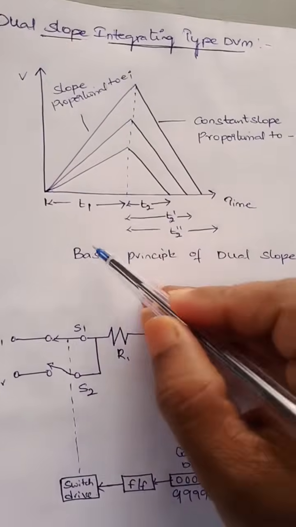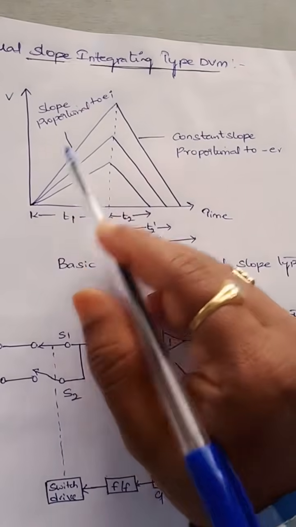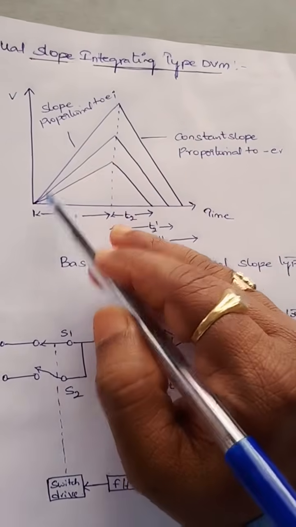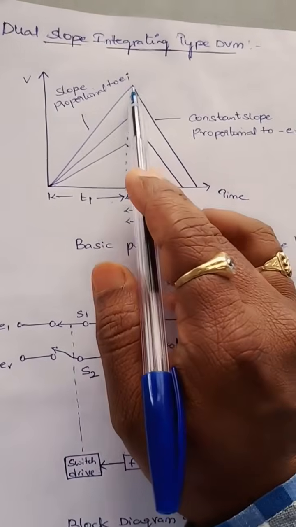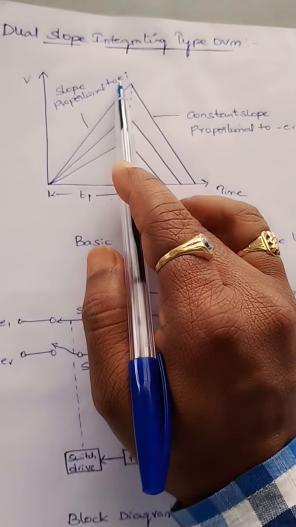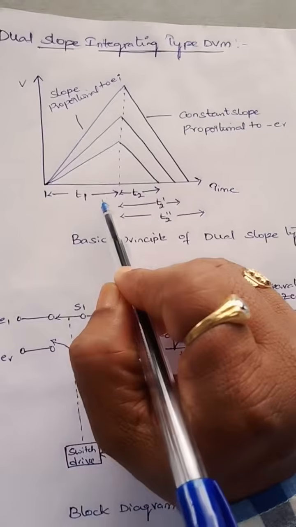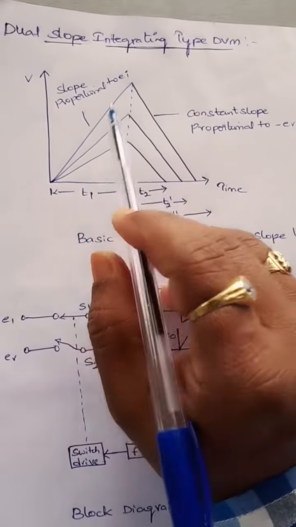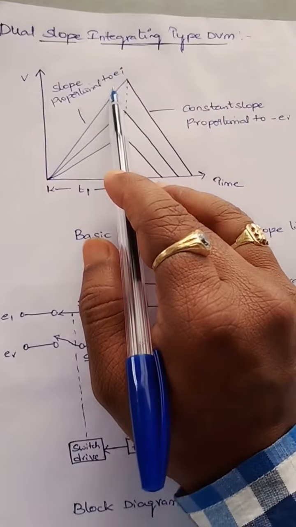From this figure we can observe that during time period T1 a slope is produced, due to the voltage which is applied as an input, that is EI. T1 is the time period during which a positive slope is produced and that slope is proportional to the input voltage applied.